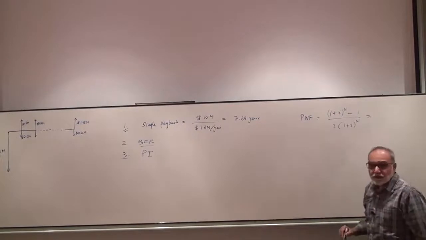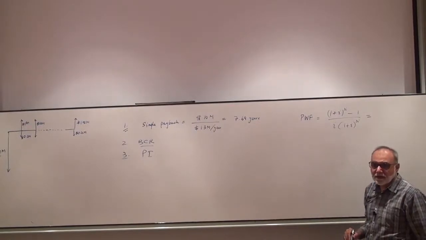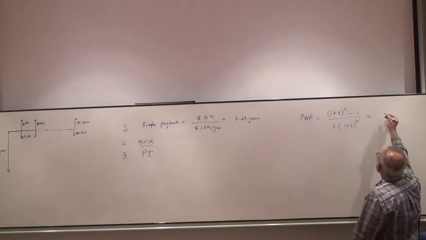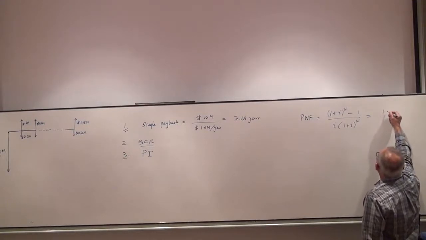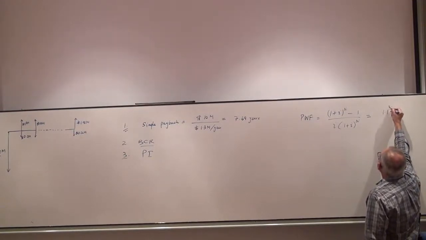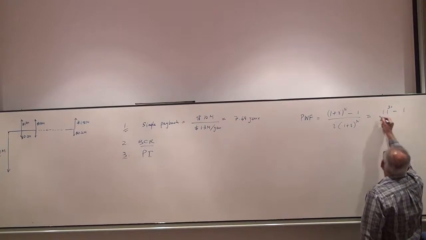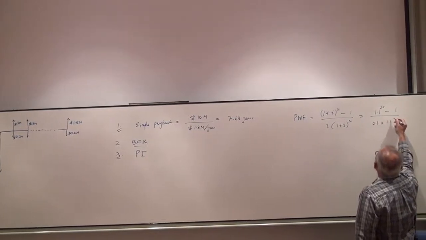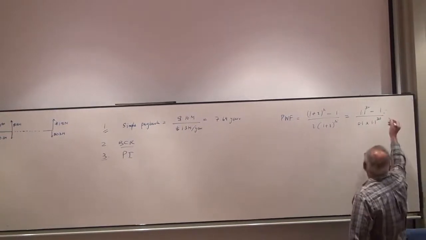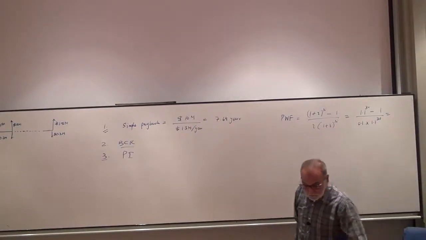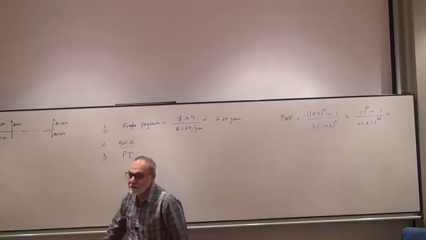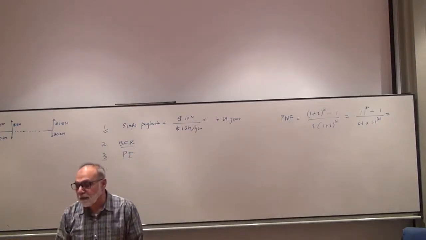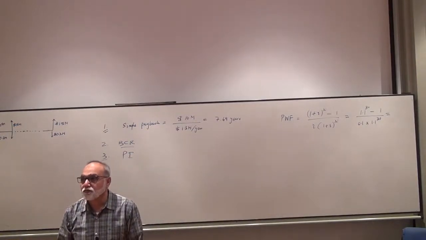I suppose it was 10%. Yes, it was 10%. So we have 1.1 raised to power 30 minus 1, divided by 0.1 times 1.1 raised to power 30. Please calculate this present worth factor. Use your calculators.